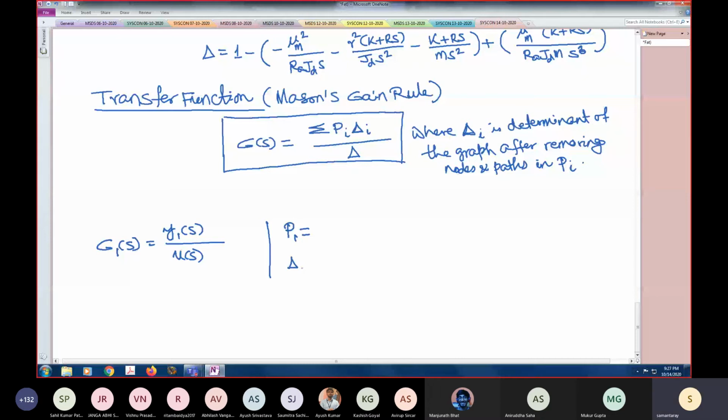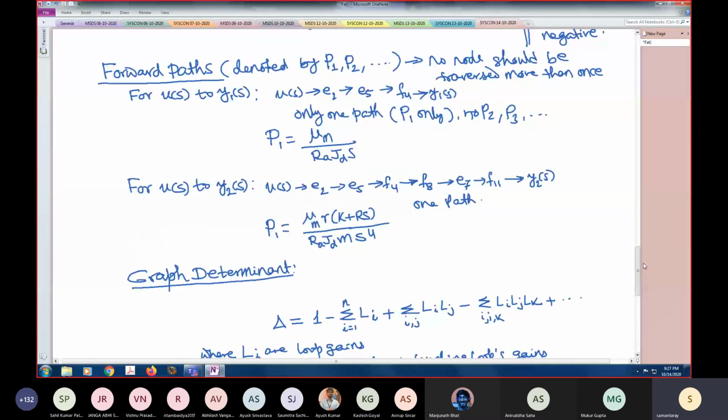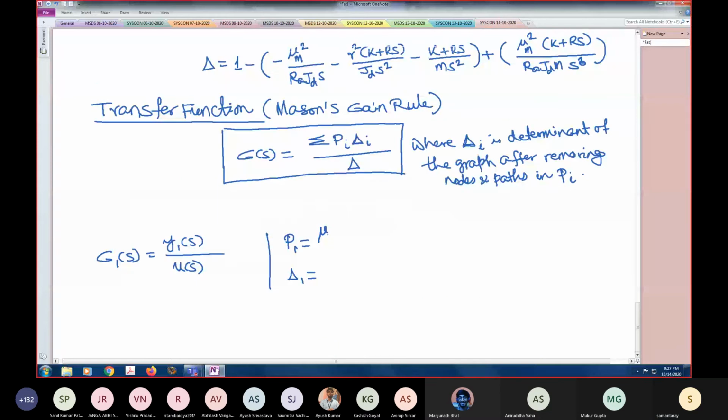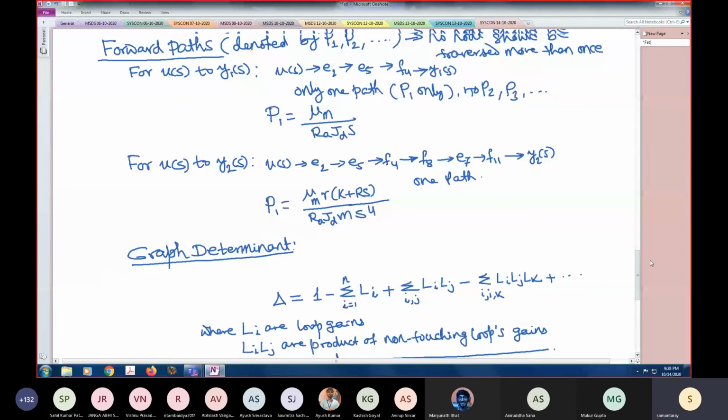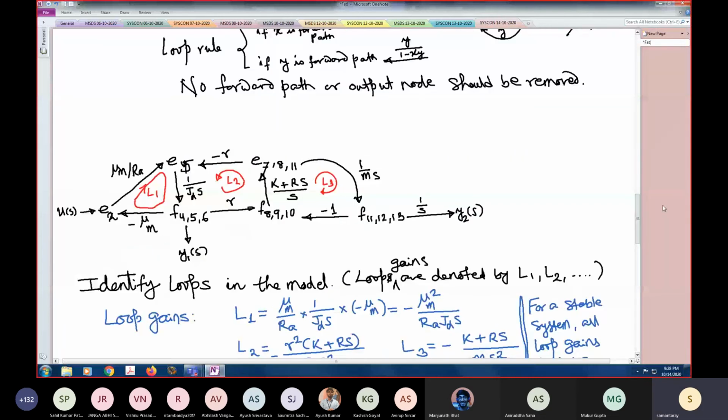P1 is straightforward, mu m by RAZDS, up to the angular velocity of the disk. So P1 is this. Now go back to your graph. Do you see the signal flow graph?